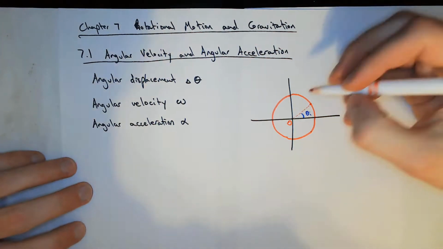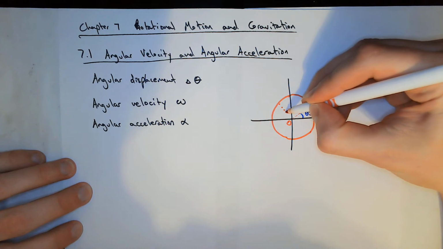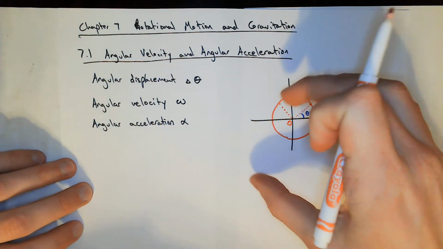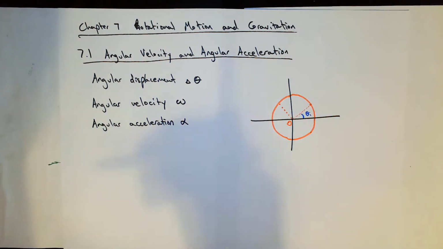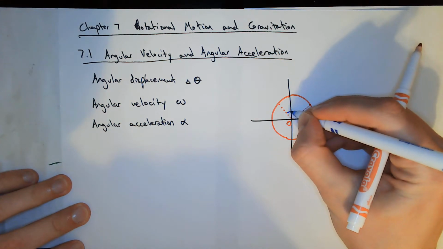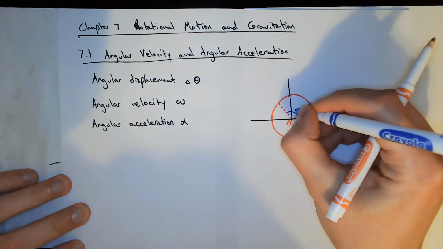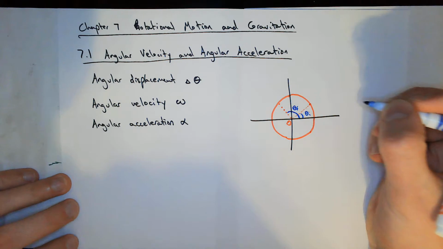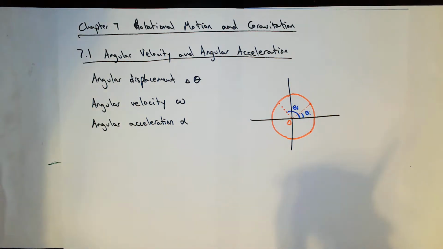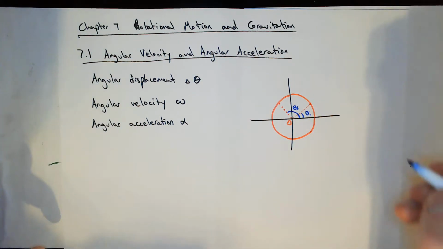And then let's say that this object rotates until we have some new angle, theta sub f, the final theta, right?